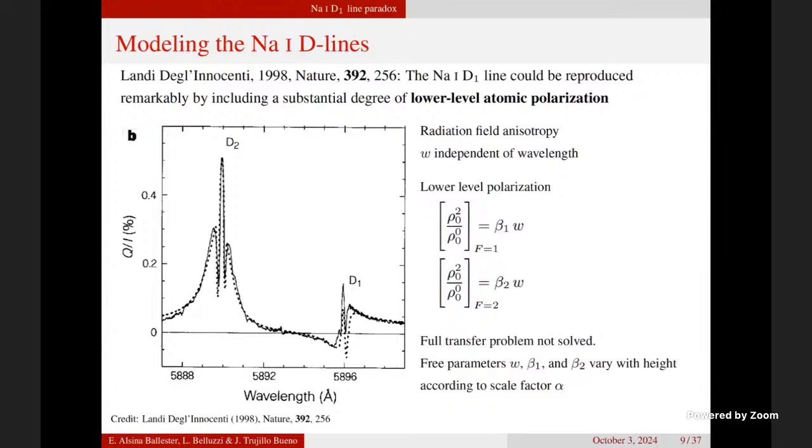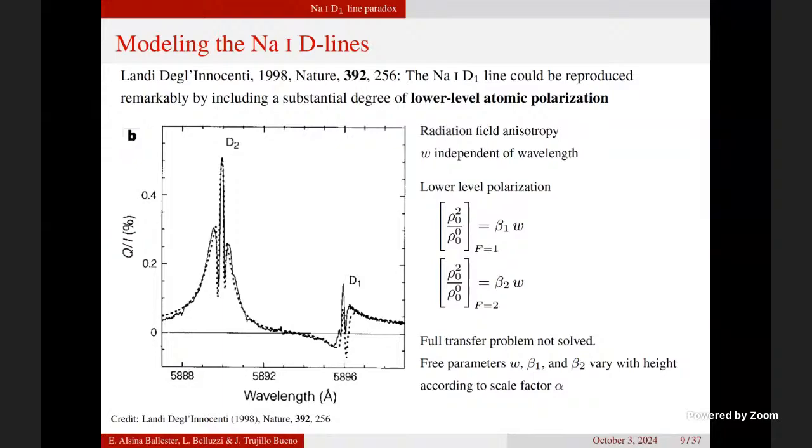This, one year after the initial observations, led to the publication of a seminal letter in Nature, in which it was discussed that the solar D1 could be reproduced remarkably well by accounting for some lower level atomic polarization.